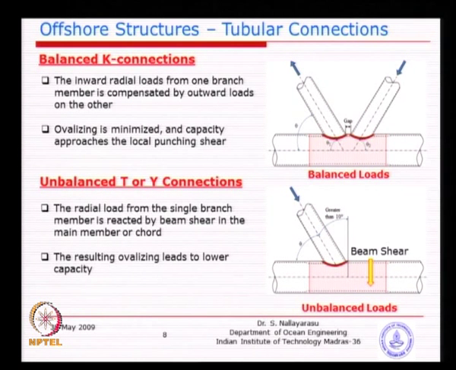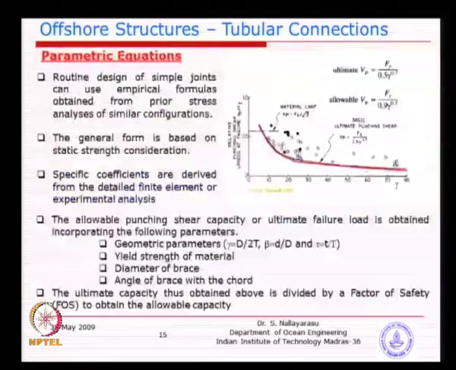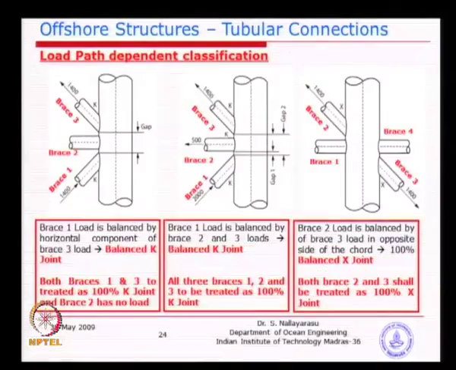The shorter is not very good because you may not distribute the load properly, but the longer is also not so good because thicker material, special material, means more money, isn't it? So, we need to have certain guidelines on how much minimum should be given. API is giving you an easy guidance, as long as you follow that.